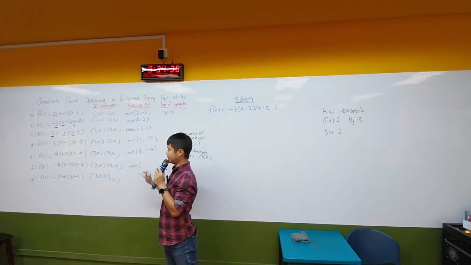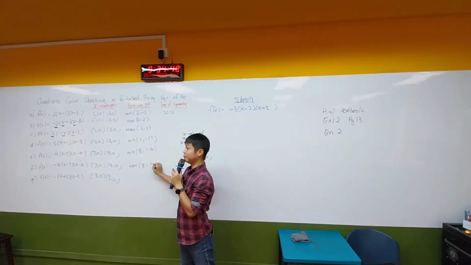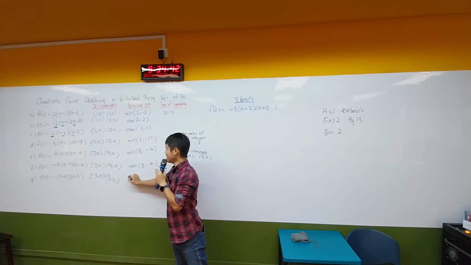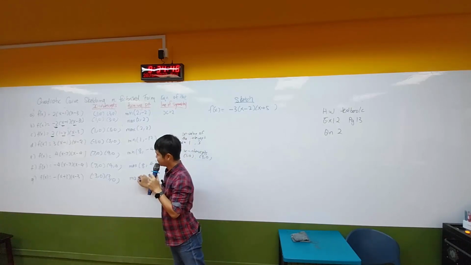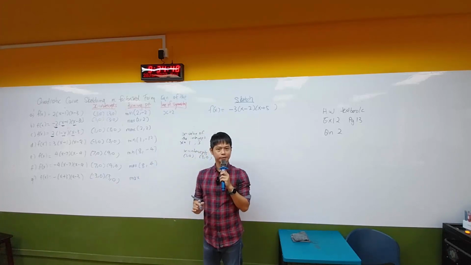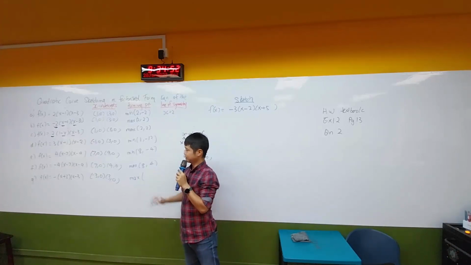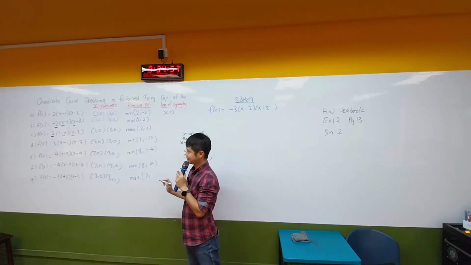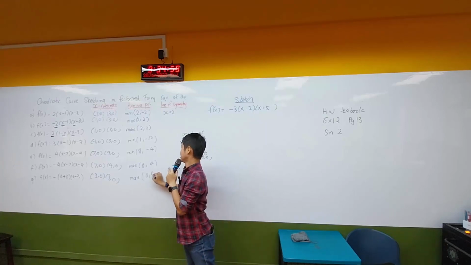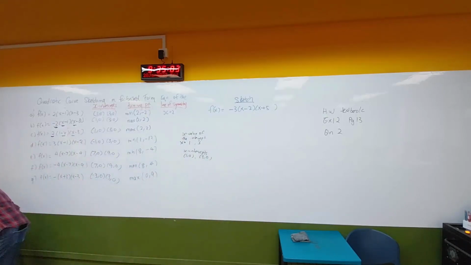Maximum, and the turning point will be (8, 4). And the last one will be a maximum. The turning point is (0, 9).